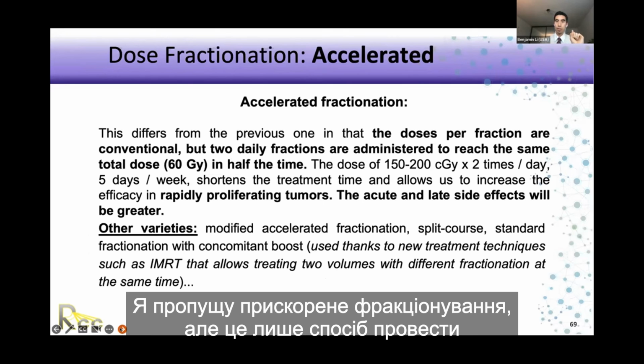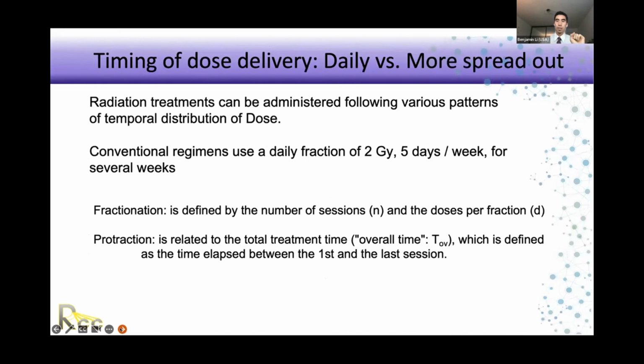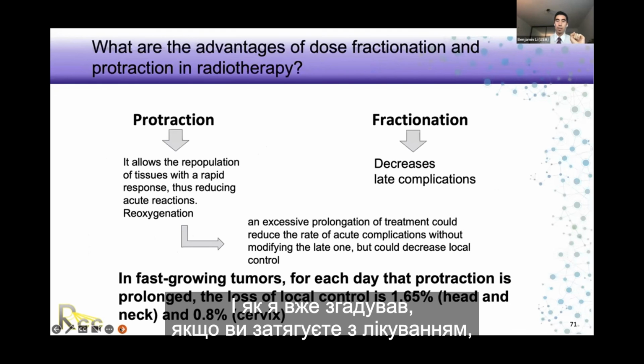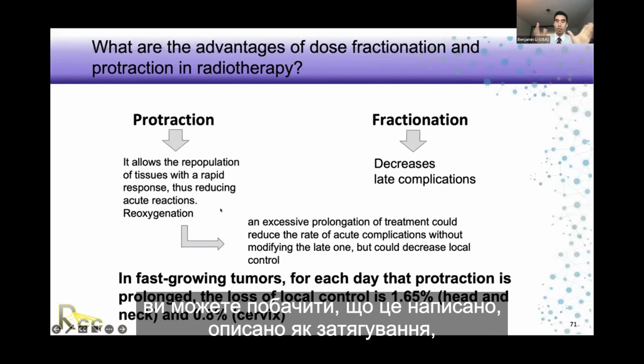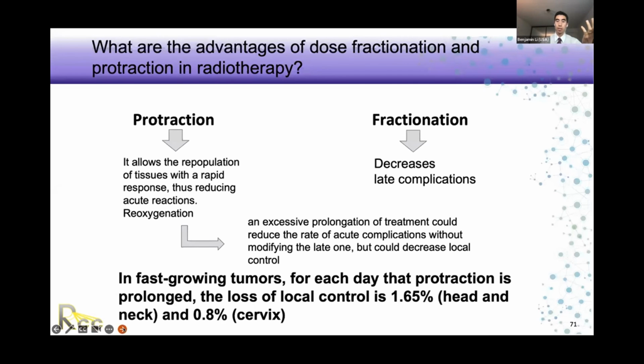I'll skip over accelerated fractionation, but this is just a way to get the treatment done in less time. And as I mentioned, if you delay the treatment, you may see this described as protraction, but we're allowing the tumors a chance to repopulate.